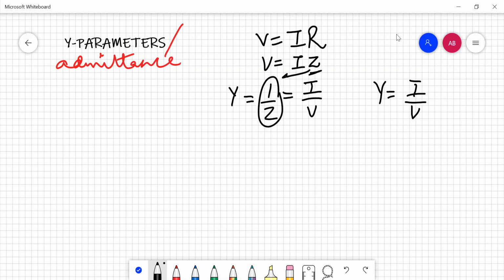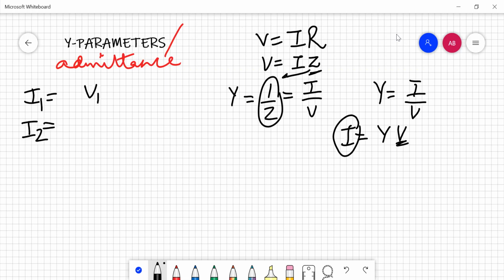And when we write down the equations, your I will depend upon the value of V of the input port and the output port. So now our currents I1 and I2 will be dependent variables, while V1 and V2 will be independent variables. So let's write down the equations. Here we have I1 and I2, the currents of the input port and the output port.